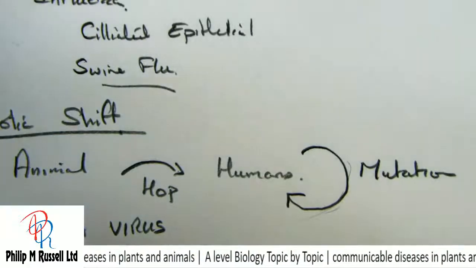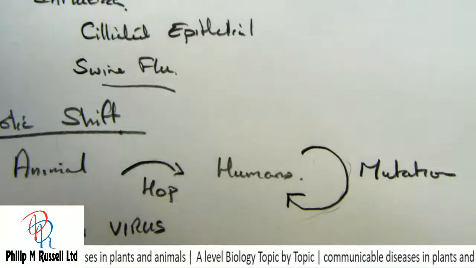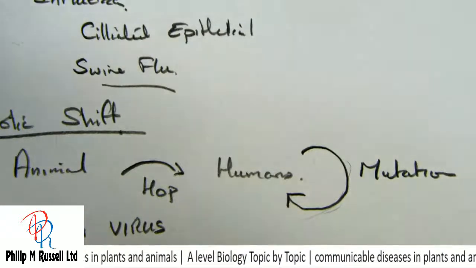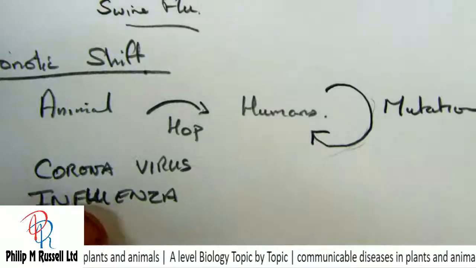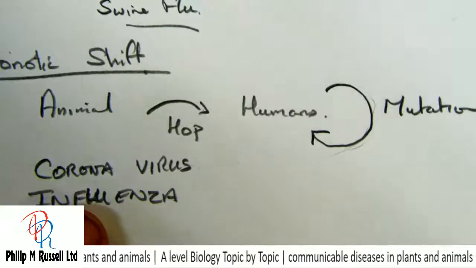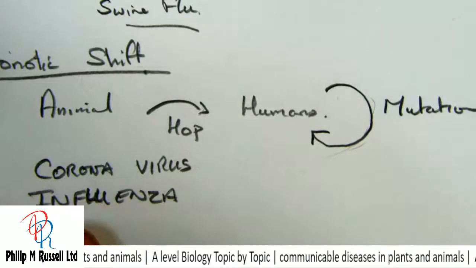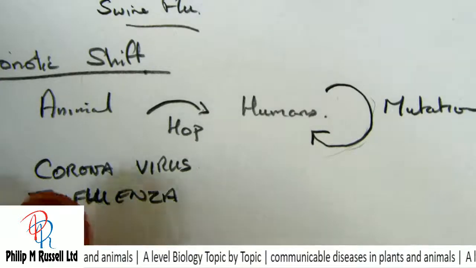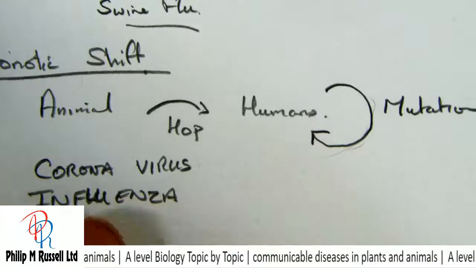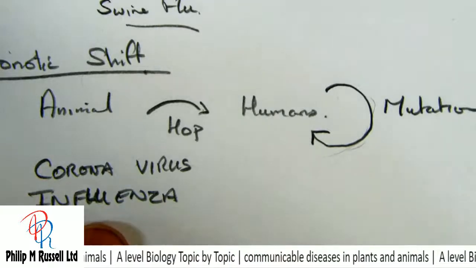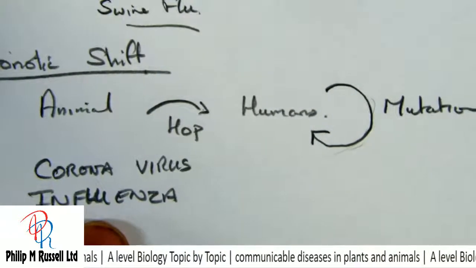So we've got this swine flu, and we're hearing stories about this sort of stuff happening still out in China. Many of these diseases seem to start in China, but it's not always there.